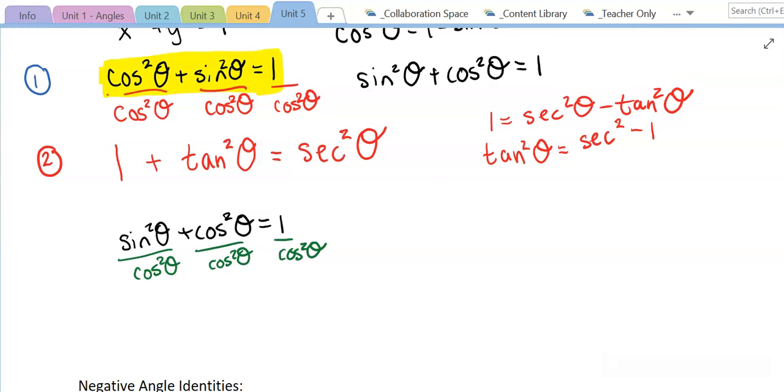I'm sorry, we already divided everything by cosine squared. What am I doing? You would be like, Miss Taylor, we're going to get the same thing. I apologize. Sine squared, divide everything by sine squared.